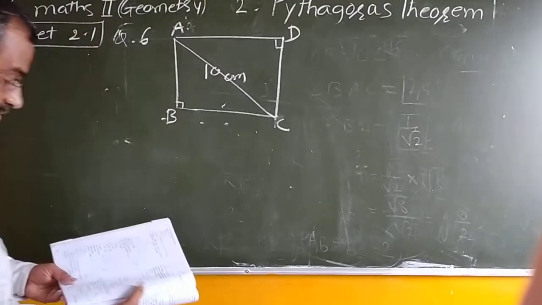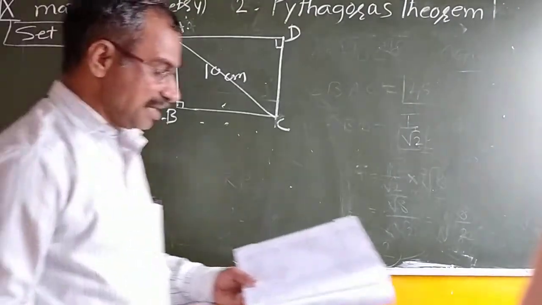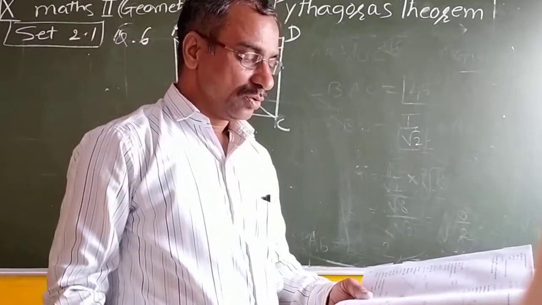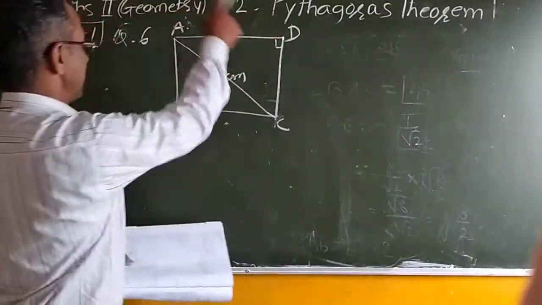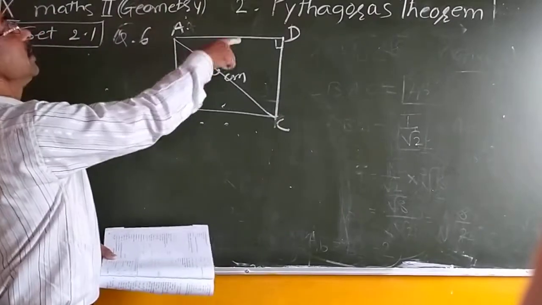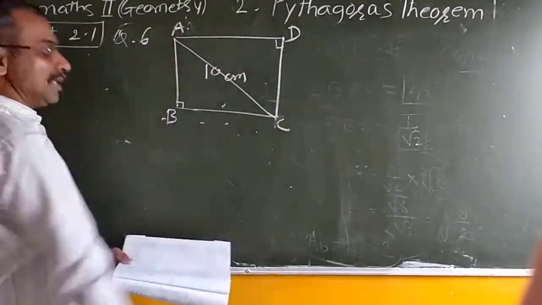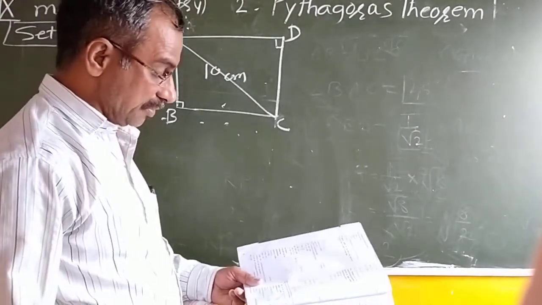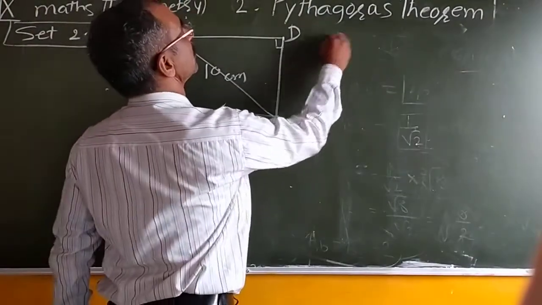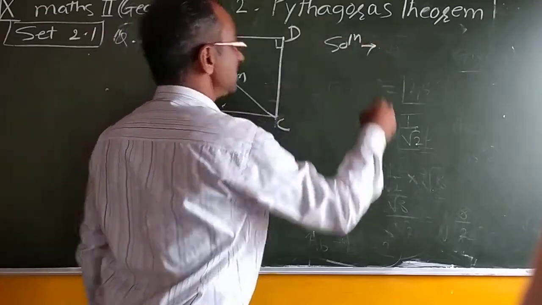Find the side and the perimeter of a square whose diagonal is 10 centimeter. Therefore, we are solving it using the solution.